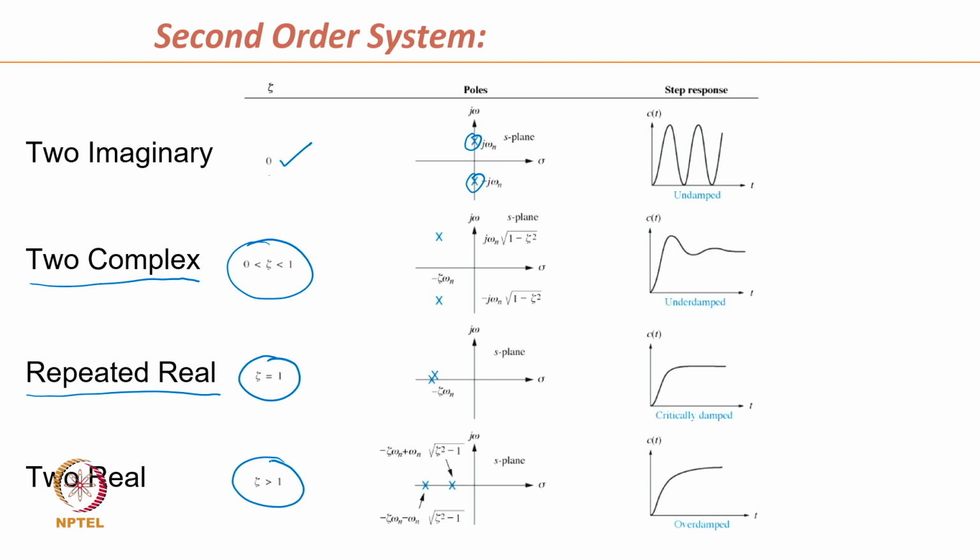So, depending upon the value of zeta, we can specify whether the system is undamped, if zeta is between 0 and 1, we can have underdamped, if zeta is equal to 1, then we have critically damped, and if zeta is greater than 1, we have overdamped.